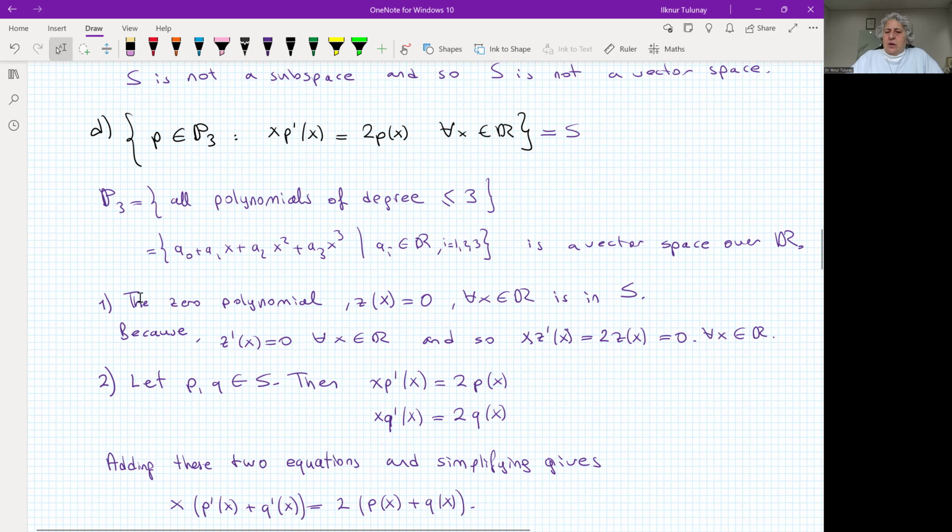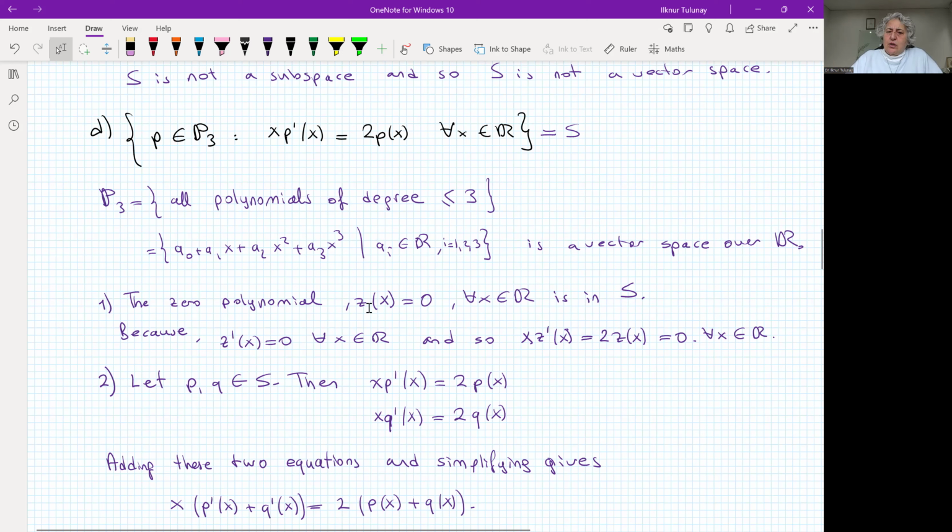Now, let's remind ourselves what the zero element in P3 was. The zero element in P3 is defined as the zero polynomial, that is z(x) is equal to 0 for all x in R. It means that a0, a1, a2, a3 are all 0 at the same time. For all x, it will be 0. But this is the definition.